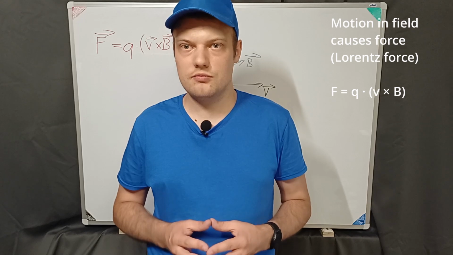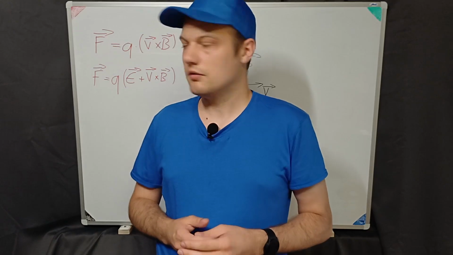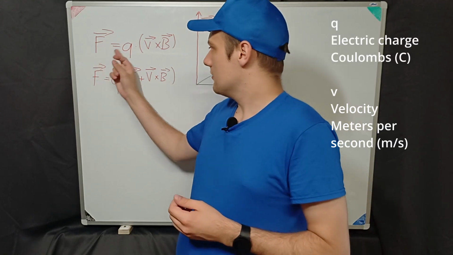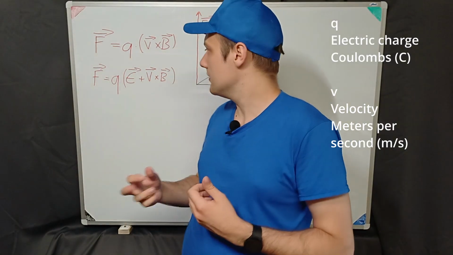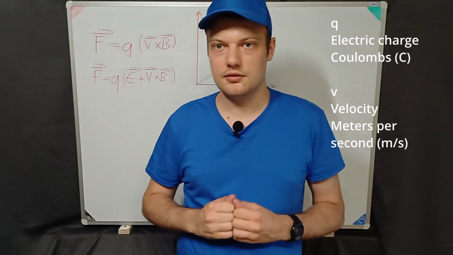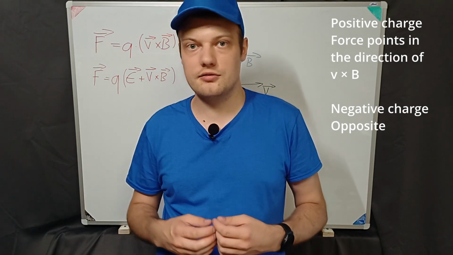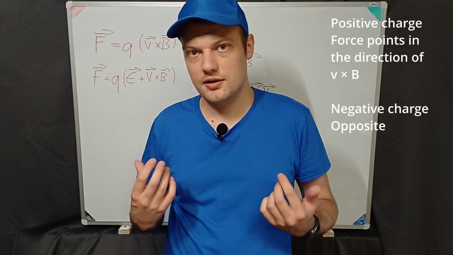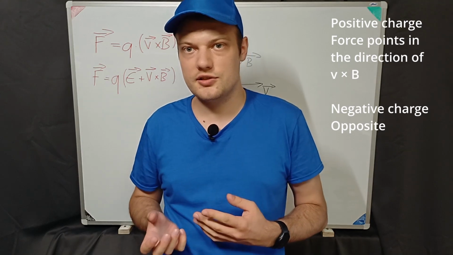It starts to move in a spiral or a circle. The formula is here, where Q is the charge, V is the velocity, and B is the magnetic field. For positive charges, the force points in the direction of velocity times magnetic field. For negative charges, it's the opposite.